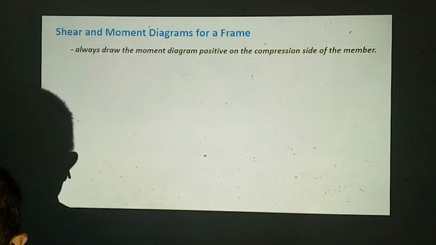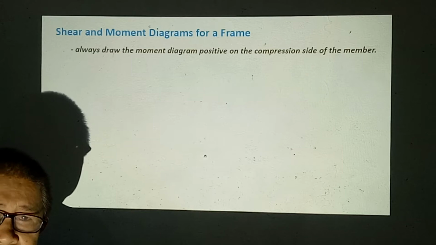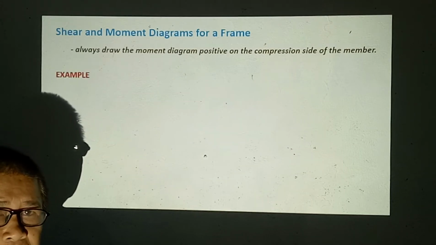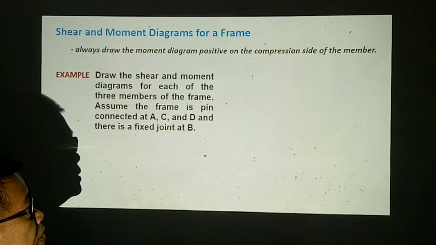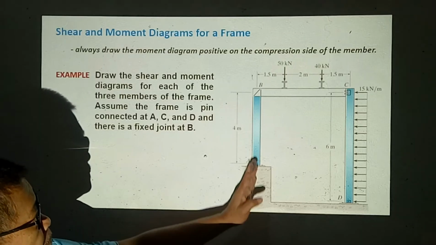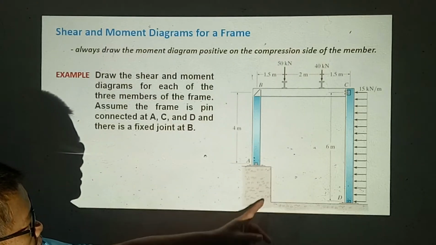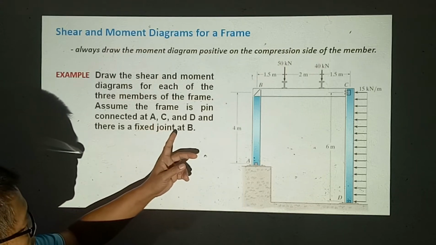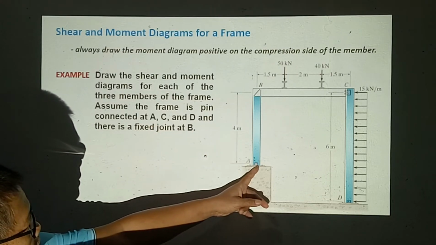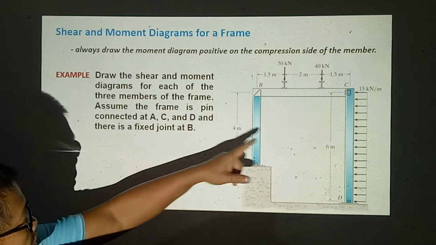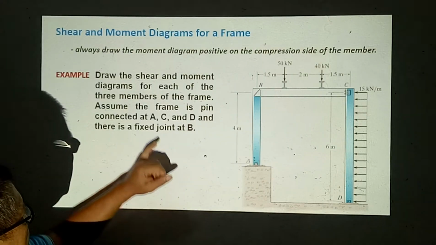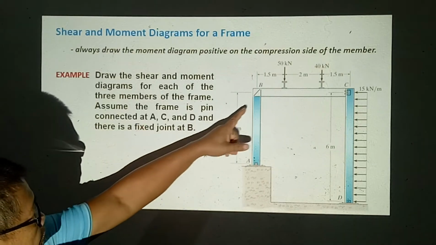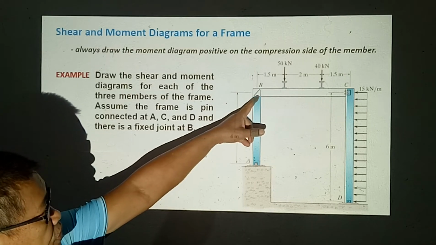And to start, we'll just use an example problem for a frame having supports. The supports at A and D are pinned, so is the one at point C, and B is fixed, this joint.